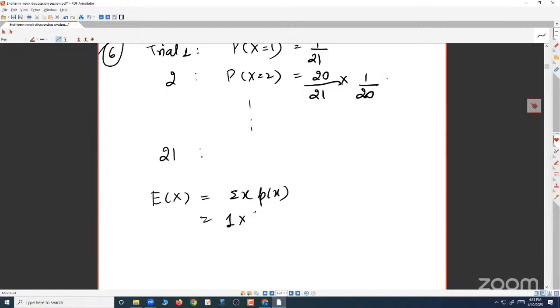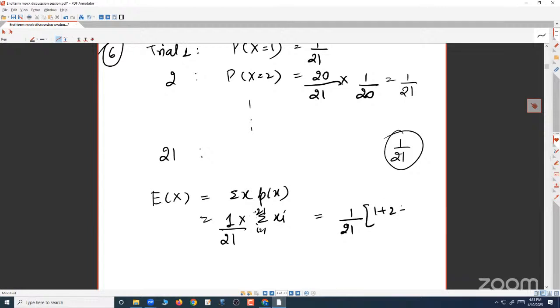If you calculate this, all the probabilities would be 1 by 21 only, right? So this is 1 by 21 into the summation of x_i, where i goes from 1 to 21. So this would be 1 by 21 into 1 plus 2 till 21.